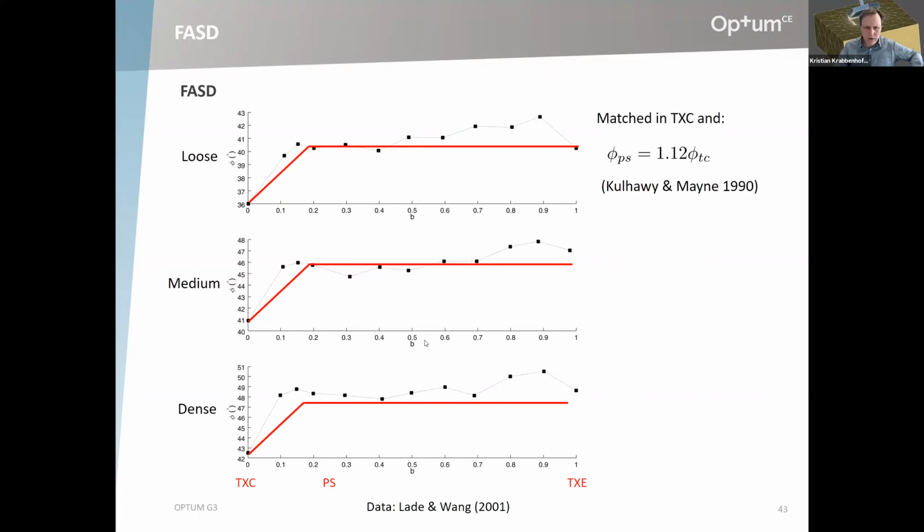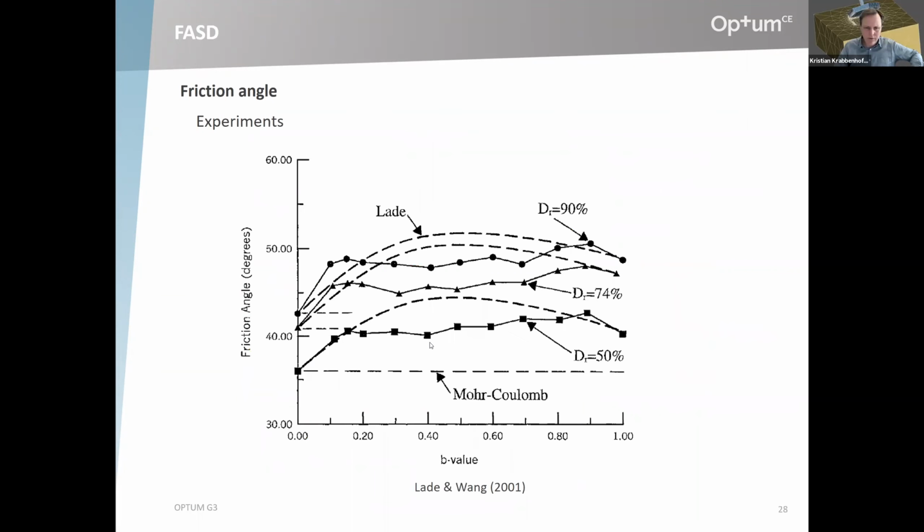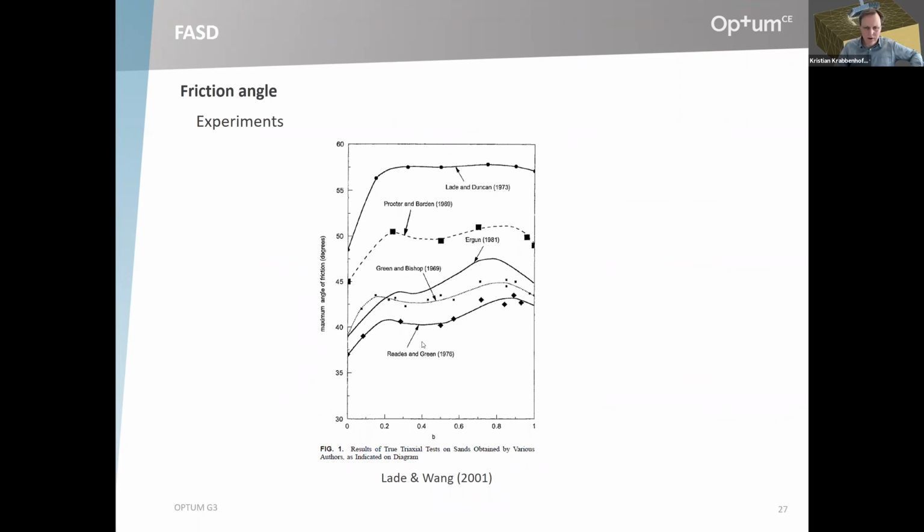I showed you this overview before. I don't know, four or five different groups have found exactly the same. So I think this is probably the way it is, unless people have consistently been making the same mistake for a very long time. I think this is the trend.